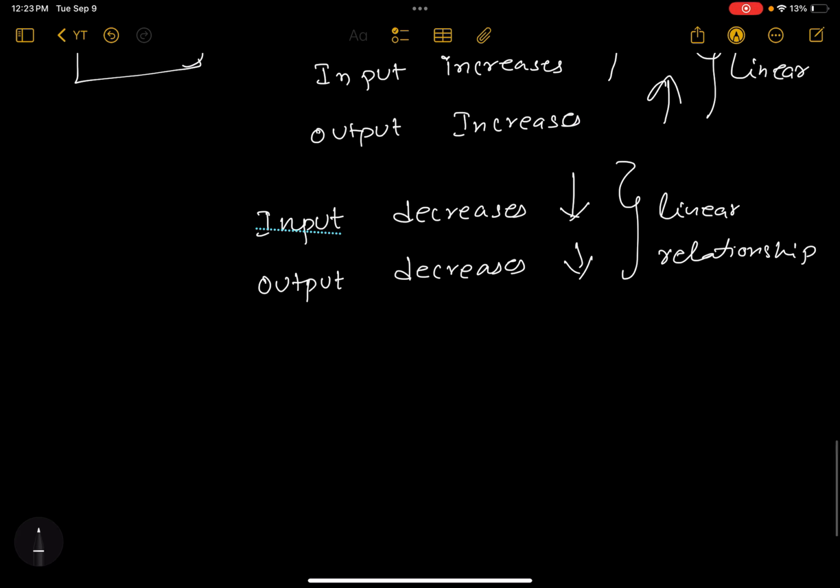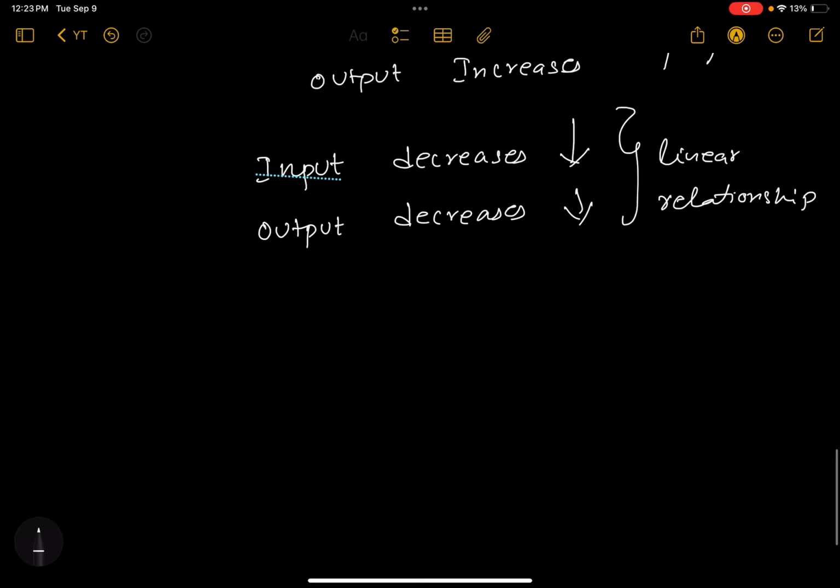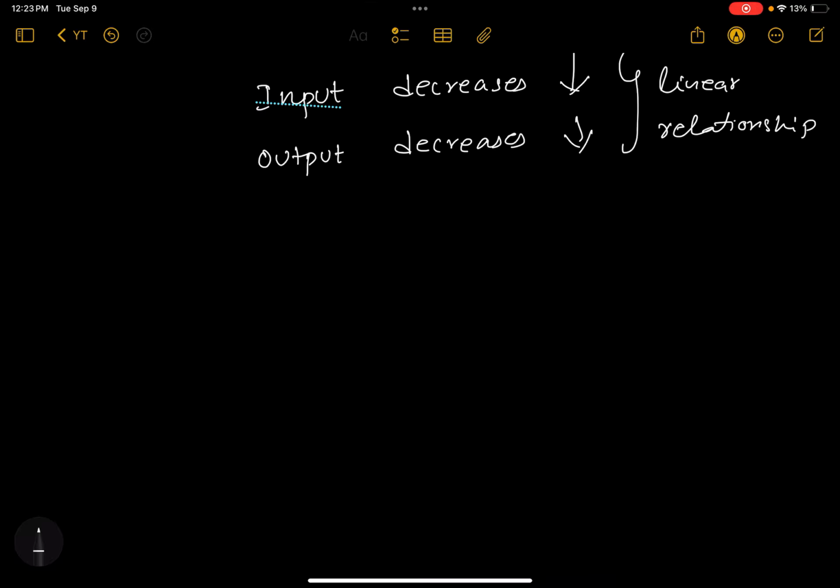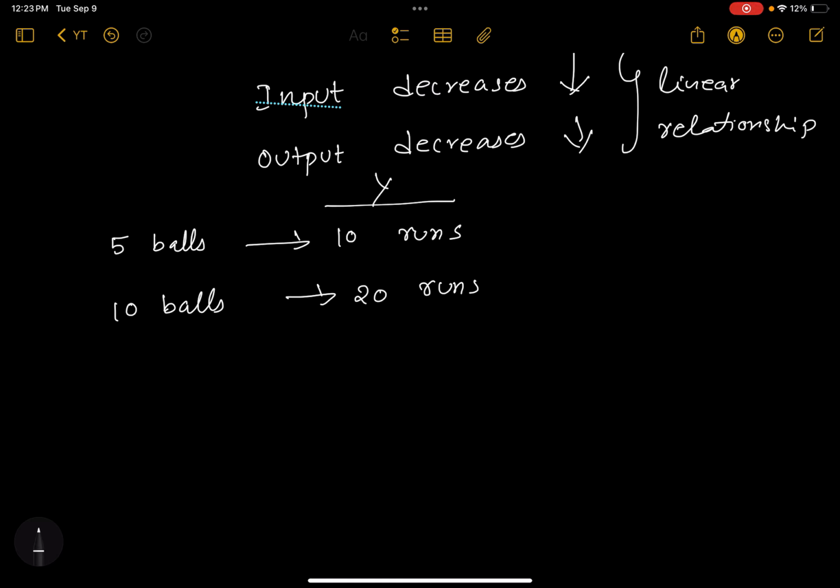Let me break this down with an example. Let's say 5 balls have been faced and 10 runs have been scored, and 10 balls have been faced and 20 runs have been scored. This is y, by the way, and x is the input.